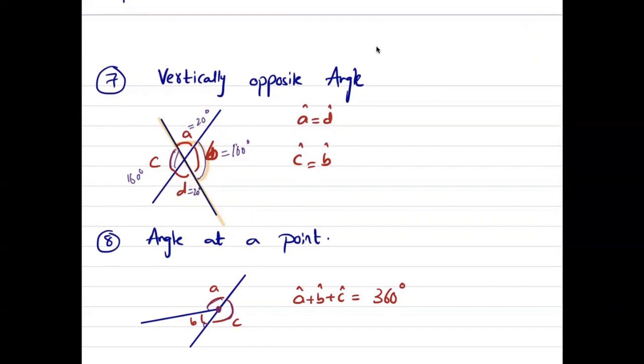So for example, if angle C is 160 and angle A is 20, it's a straight line, right? The two angles A and C are supplementary to each other. And this is another line. So this angle A and this angle D are both going to be 20 degrees, and C and B are going to be 160 degrees. They are vertically opposite angles.